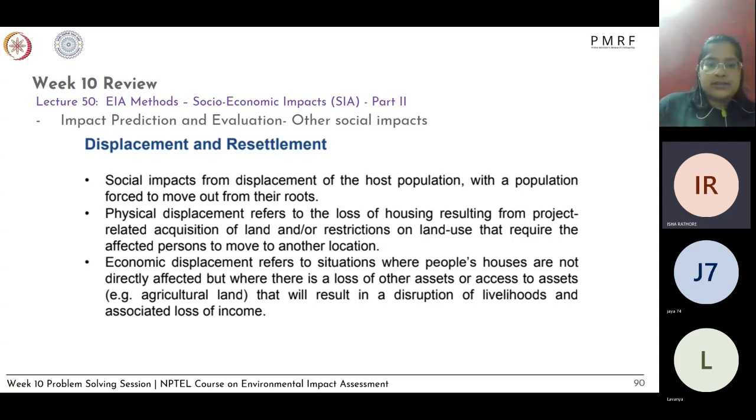Economic displacement refers to situations where people's houses are not directly affected, but there's a loss of their other assets or access to assets. That is, their agricultural land is being taken up and the economic livelihood is disrupted, and there's an associated loss of income. So these are the other social impacts which need to be considered and documented in the SIA.